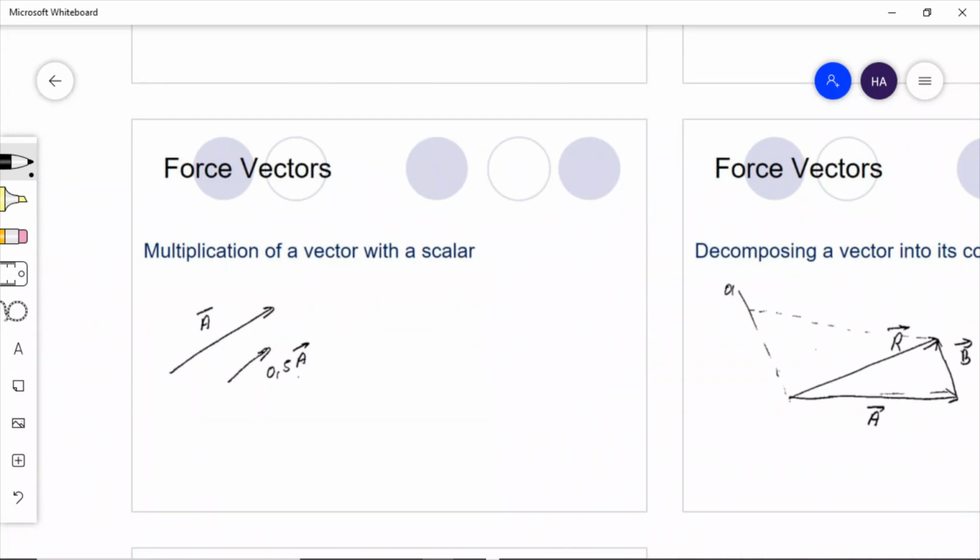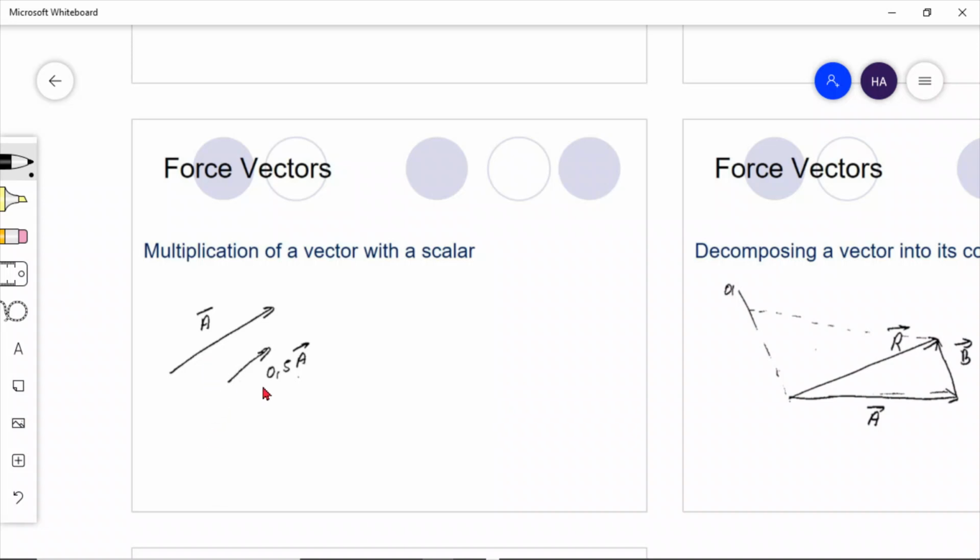How about the multiplication with a scalar? Now just think that our vector A has a magnitude, okay, and we multiply it with a scalar. It can be any number. It can be even a negative number. So what we do is very simple. Certainly, multiplying a vector with a number will change its magnitude.